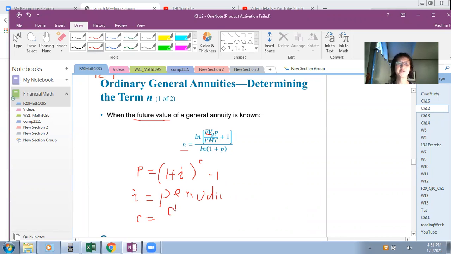It is equal to CY over PY. CY represents number of interest conversion per year. PY, number of payment per year. Okay. So you get C, you get I, you can calculate P and plug in the formula, you get term N.